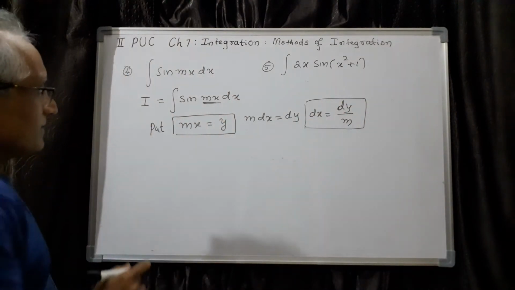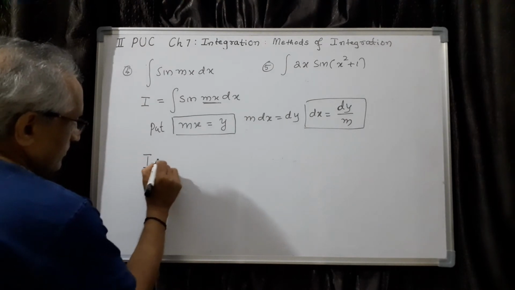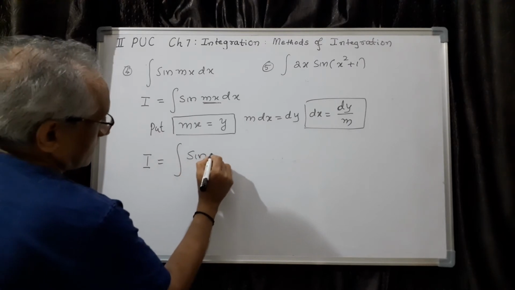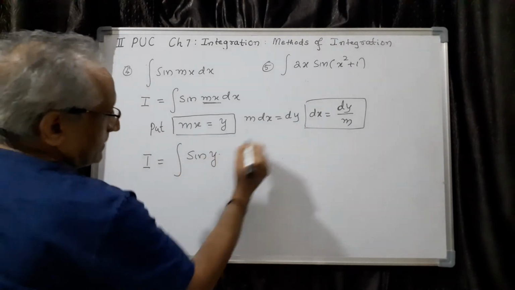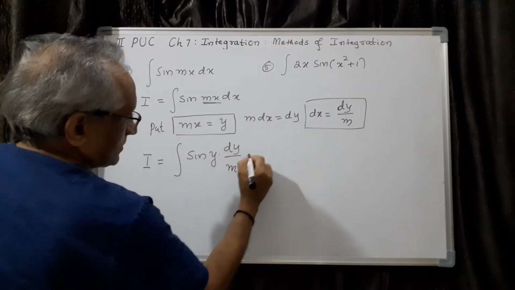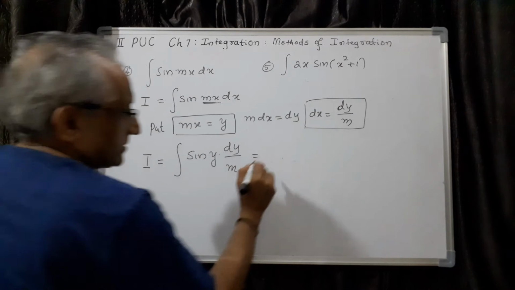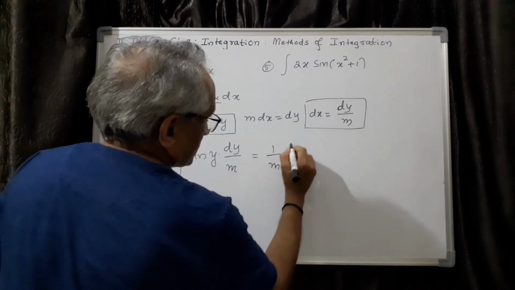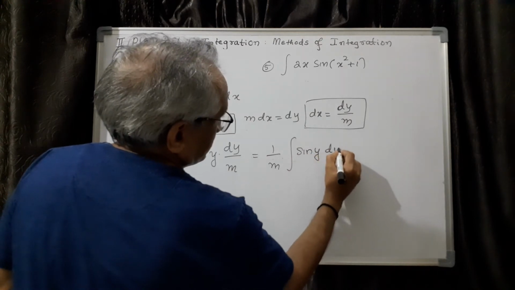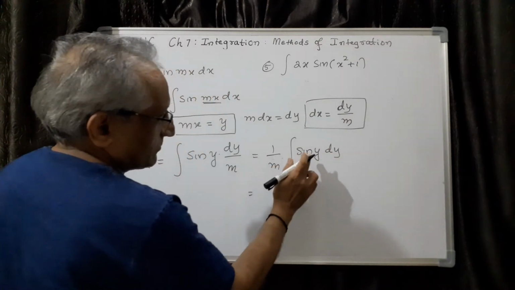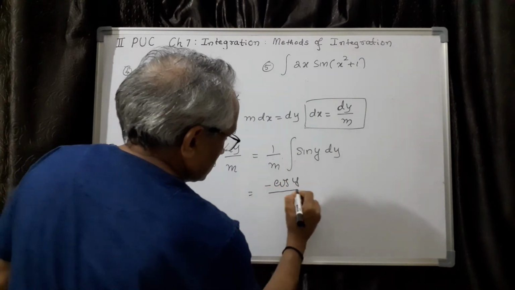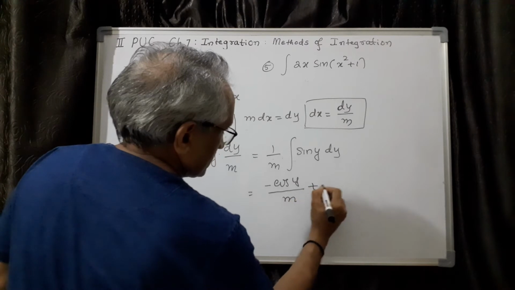Therefore I will be equal to integration of sine y, then in place of dx we have to write dy by m. So m is a constant, we can take it out. So 1 upon m, then integration of sine y dy, and integration of sine y dy, you know, is minus cos y, of course divided by m plus c.